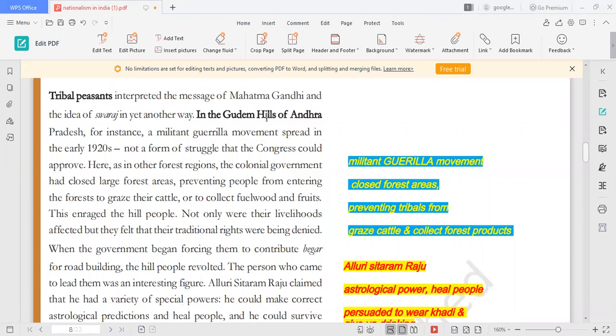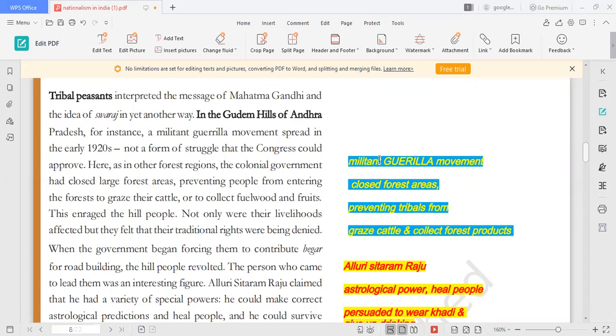In the Gudem Hills of Andhra Pradesh, the tribals were aware of the forest products, which tree, what resources are there, which animal is living near us, which animal is coming closer to us, which animal is dangerous, which animal is friendly with the people. They know the behaviors and the way to live with those animals and forests.